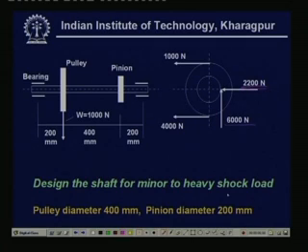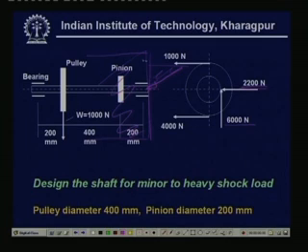If you look into this problem, you see that the shaft is getting a loading from one side and another from the other side. That means one in this particular plane and another in the transverse, perpendicular plane.